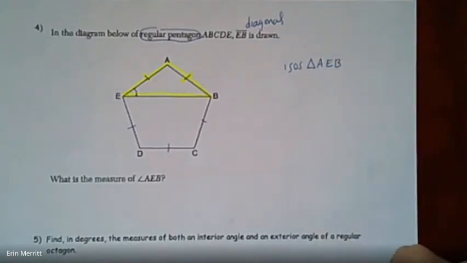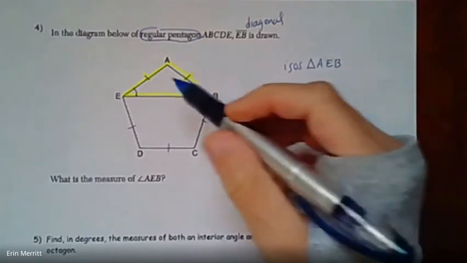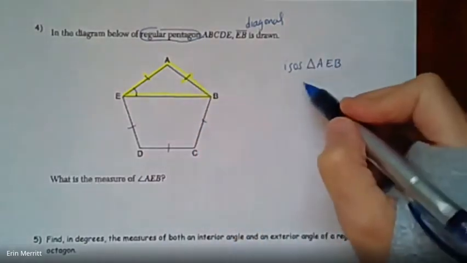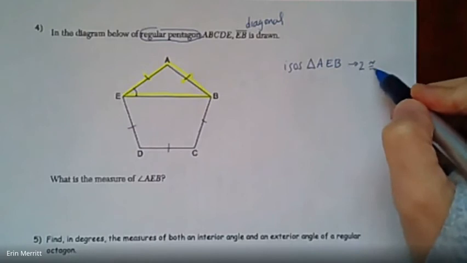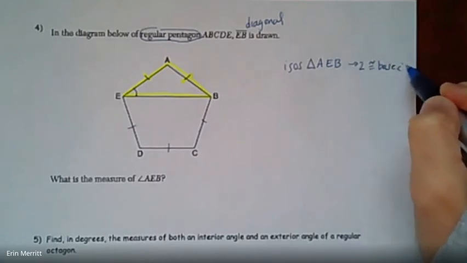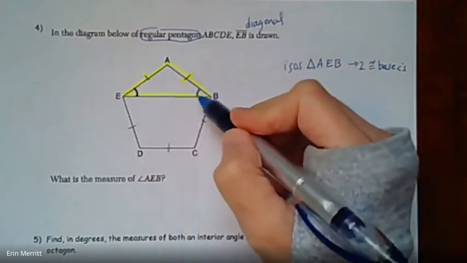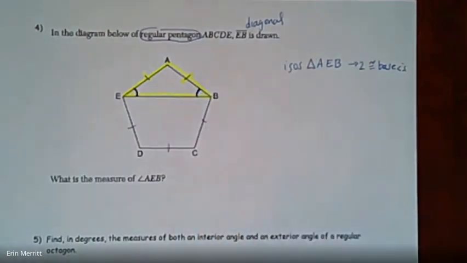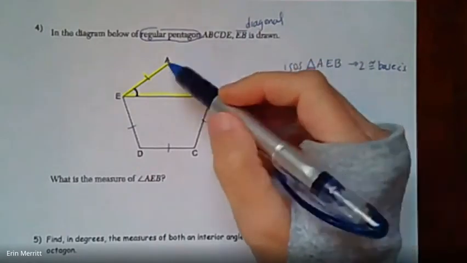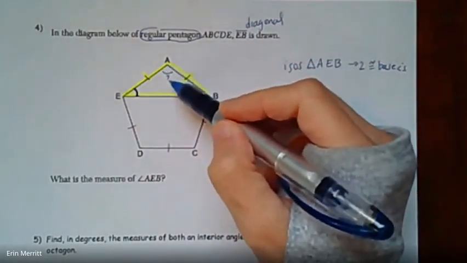And we know in an isosceles triangle there are 2 congruent sides, but also 2 congruent base angles. So I know that this little angle we're looking for is congruent to that little base angle right there. What I need to know first is what that top angle is.